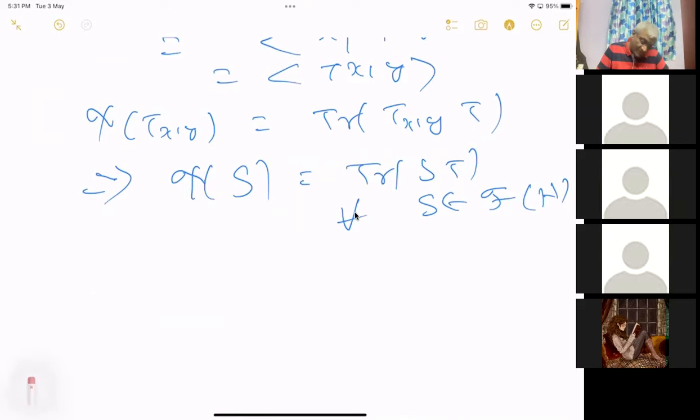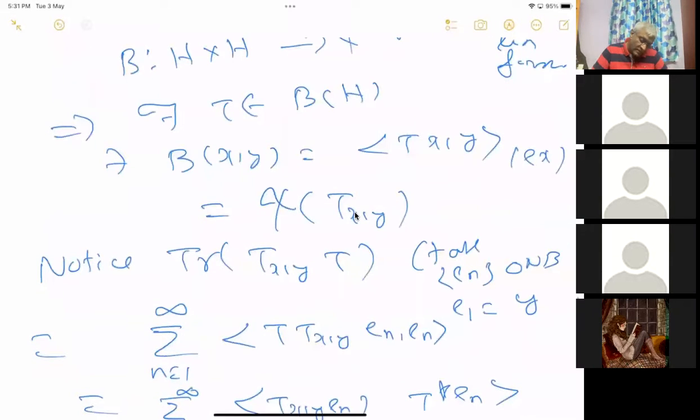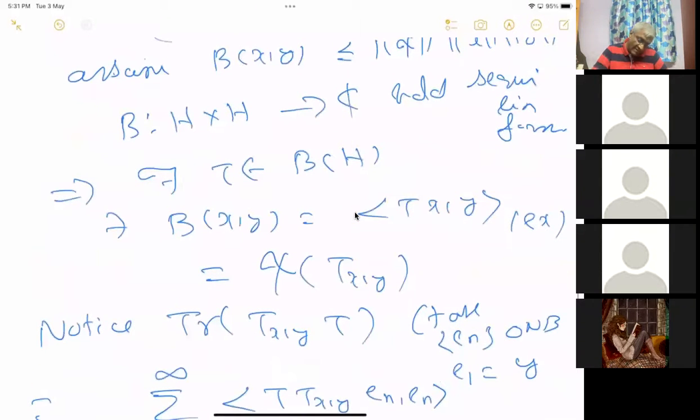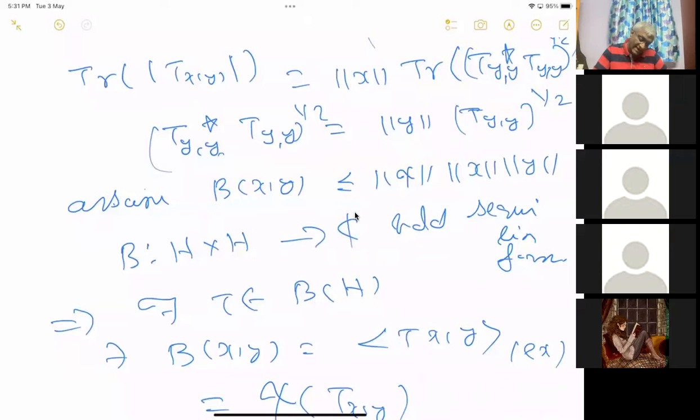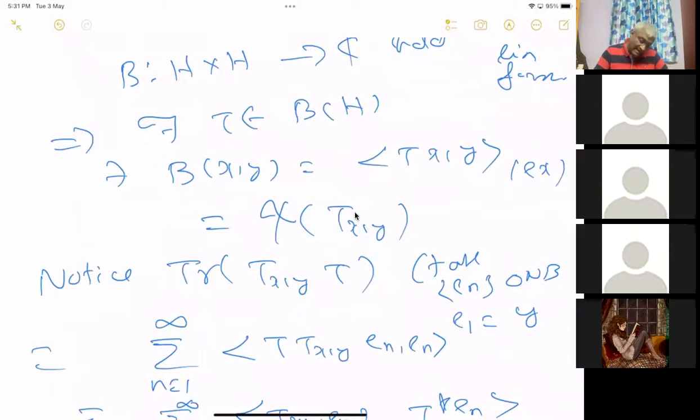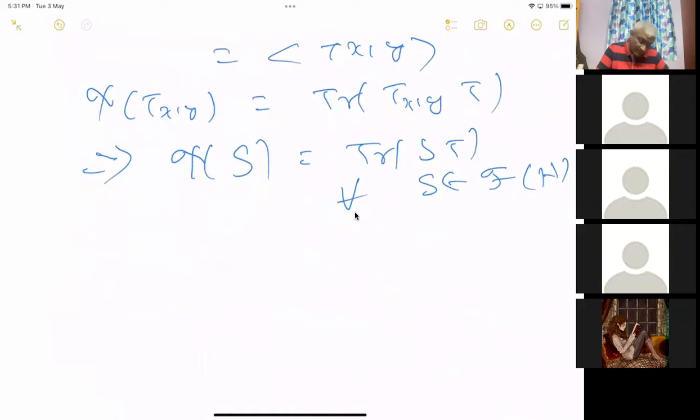And notice that we have already proved the sesquilinear form and the other thing. And from that, it will follow that the norm of T is less than or equal to the norm of chi. There exists a T with something like this, and norm T is less than or equal to norm chi. I mean, that's the property of the definition using that bilinear form. So chi_T is actually a bounded linear functional.